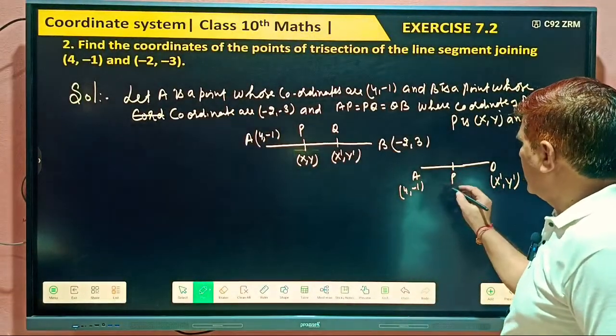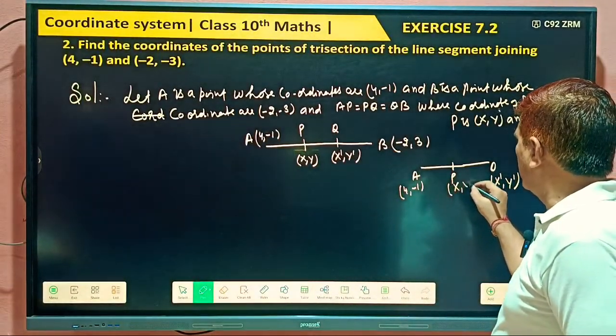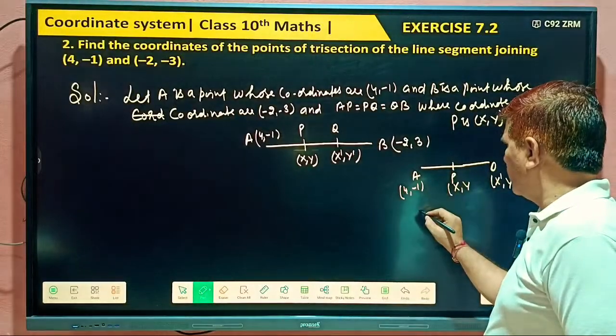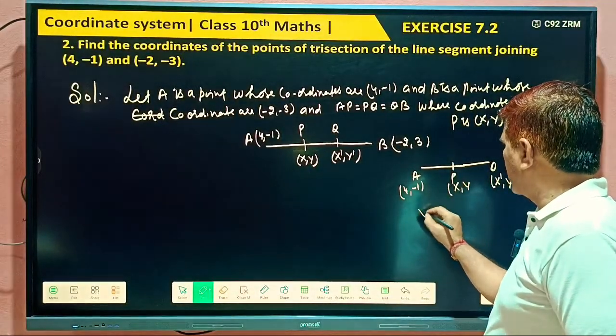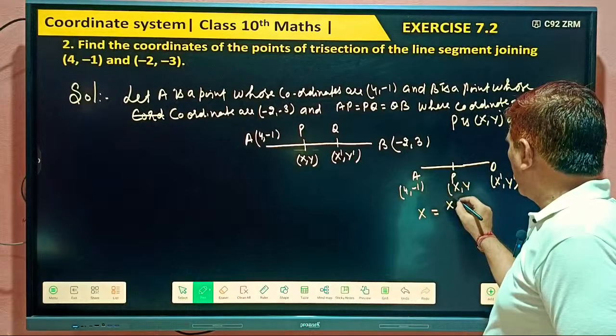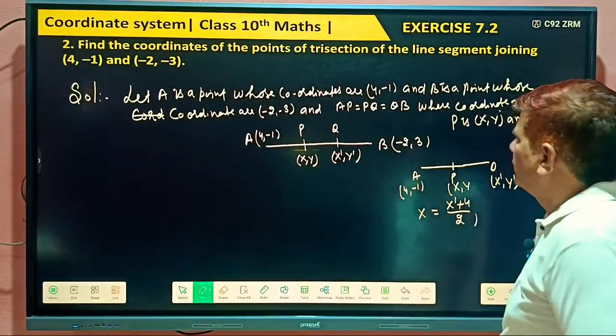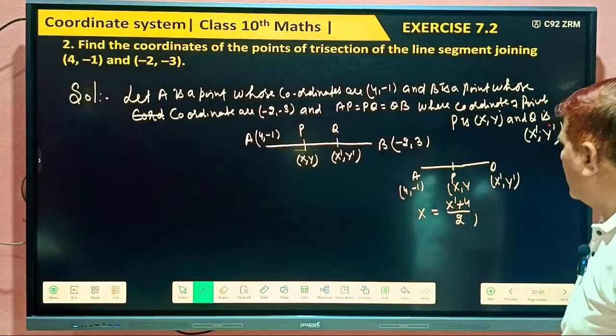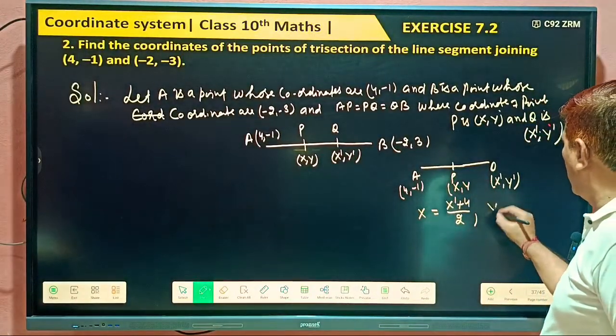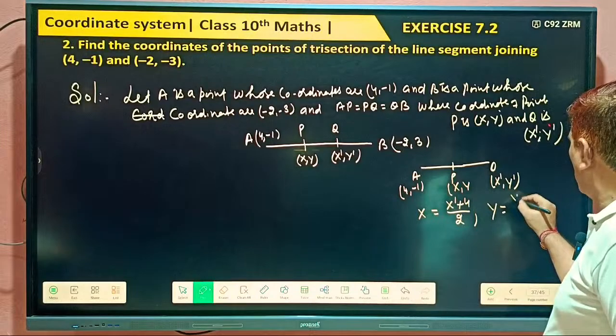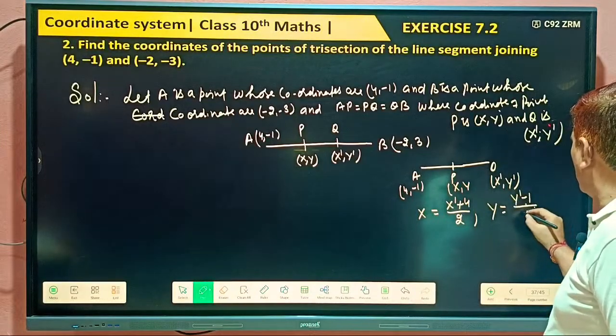And P's coordinates are X and Y. So by using the midpoint formula, X is equal to (X dash plus 4) by 2. Understood? And Y is equal to (Y dash minus 1) by 2.